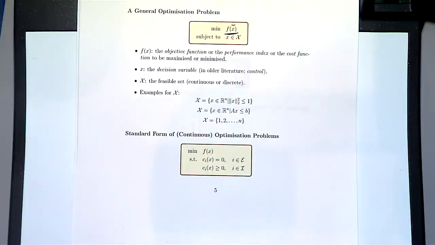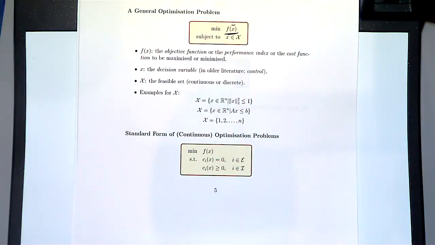Then there is a set membership, that x belongs to some calligraphic set X. It's called the feasible set. It can be continuous or discrete. So really, the meaning of the statement at the top of this page is that we want to minimize, or maximize, here I just put minimize, some function f(x).